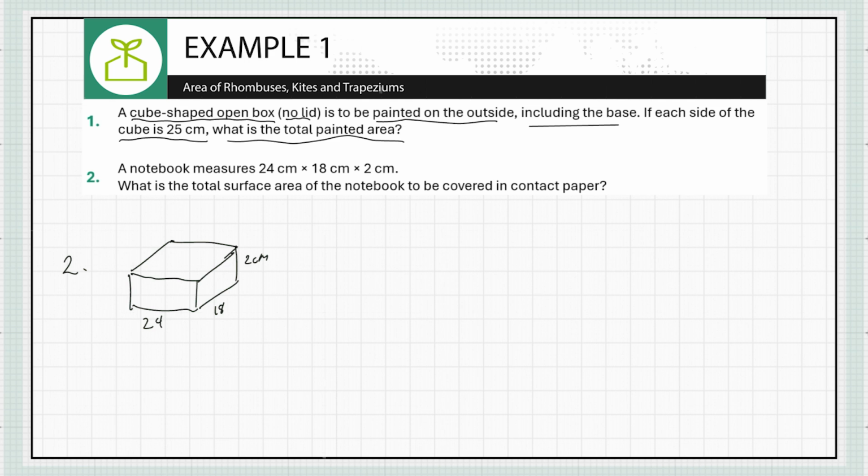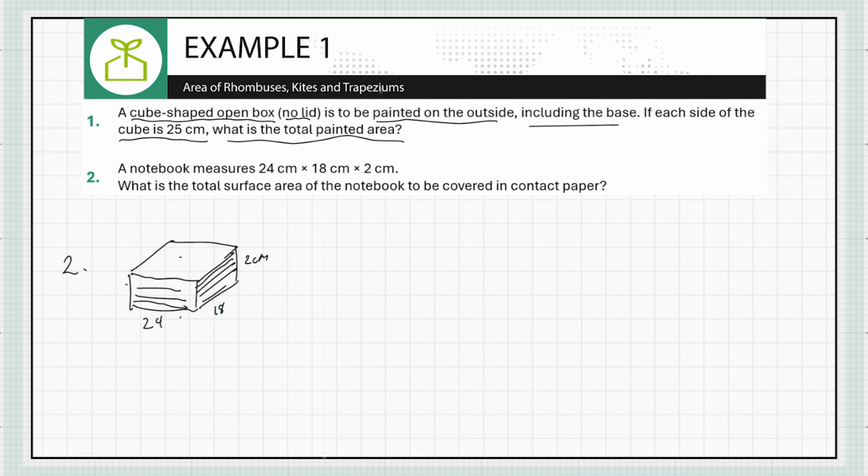Again, if you're going to cover a notebook in contact paper, you're not necessarily going to be covering the entire surface. You're going to be covering just the top, the end, and the bottom, and then you'll leave the lined paper at the base and at the top alone.